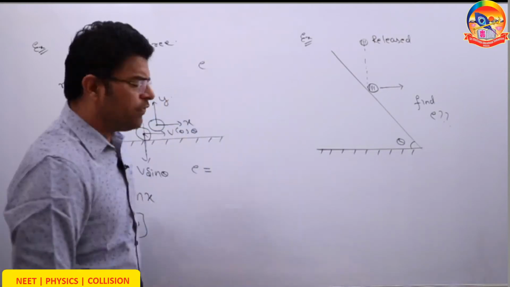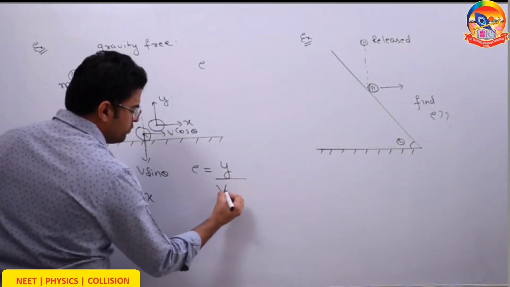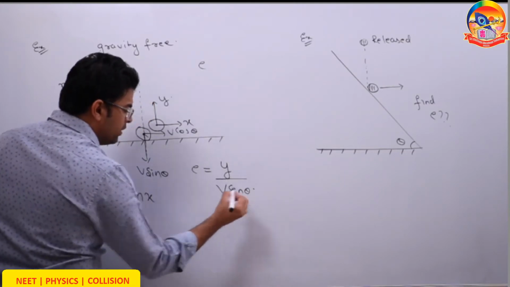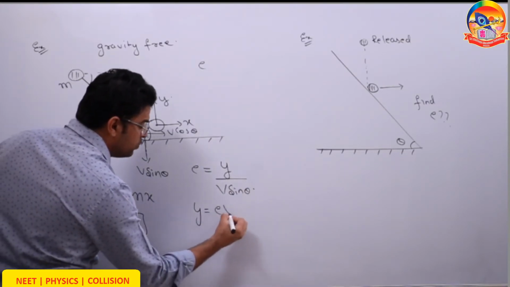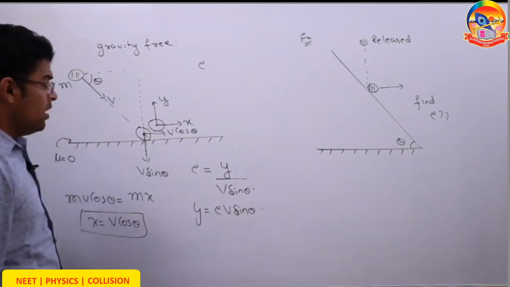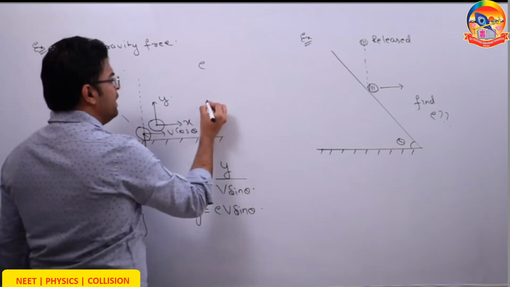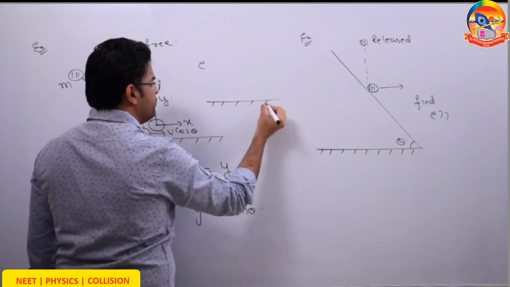So coefficient of restitution can be written as velocity of separation upon velocity of approach. So you can write the vertical velocity after collision equals E v sin theta.